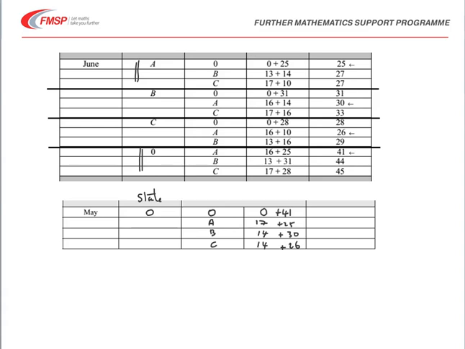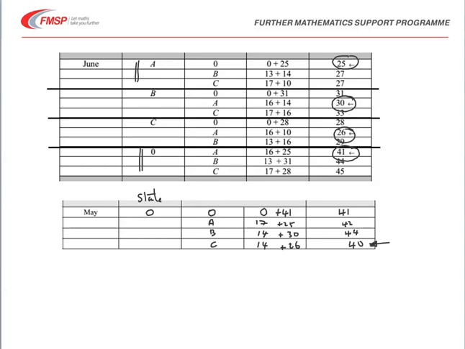So we're looking at these numbers here, the 25, the 30, the 26 and the 41. And these give us then totals of 41, 42, 44 and 40. So the smallest one here is given by that one there, C, which is 40.